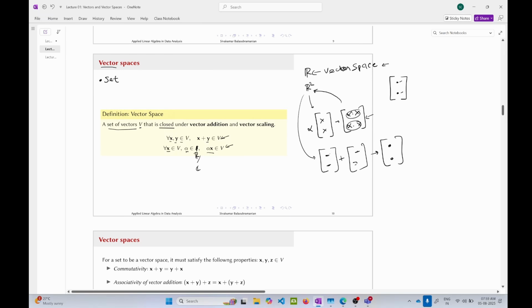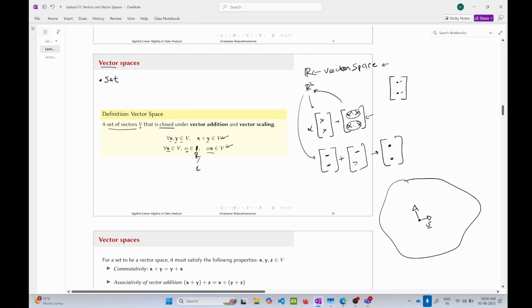Geometrically also, that makes sense, because we know the geometry associated with vector scaling and vector addition. So this is R2, and this is my origin. If I take any vector v and scale it, no matter how much I scale it, it will still be in that plane, because this plane has infinite extent in the two directions you can move.